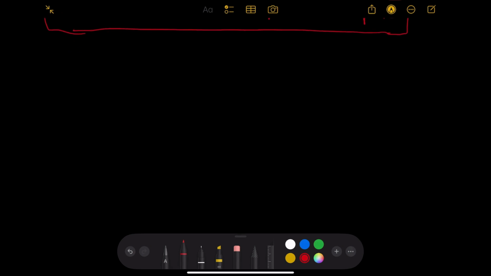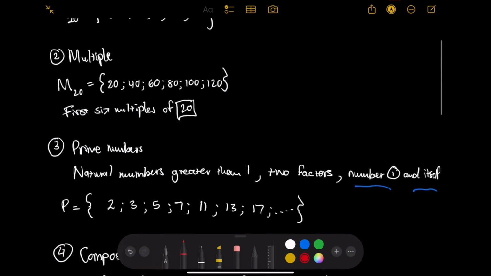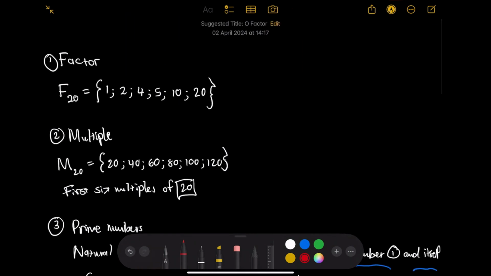Then when we look at some examples that we can think about, remember our very first list when we looked at what are the factors of 20. And we took out the factors and we saw it's 1, 2, 4, 5, 10, and 20.